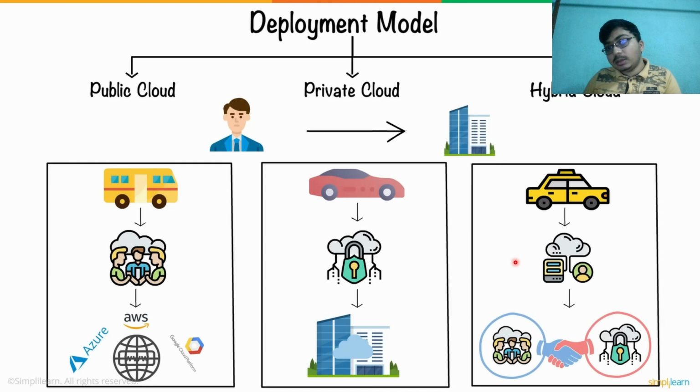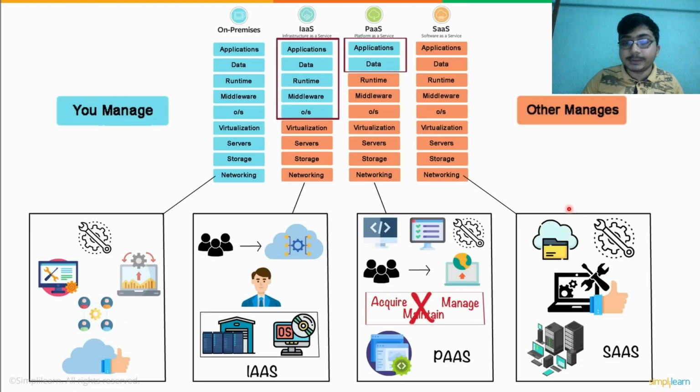Here we have both a public part and a private part, and they work hand in hand. This is like booking a cab, where at a time you are the only person in the car, but you don't own it. Multiple people that you don't know share this car, but at a time only one person is present. Something similar to that.